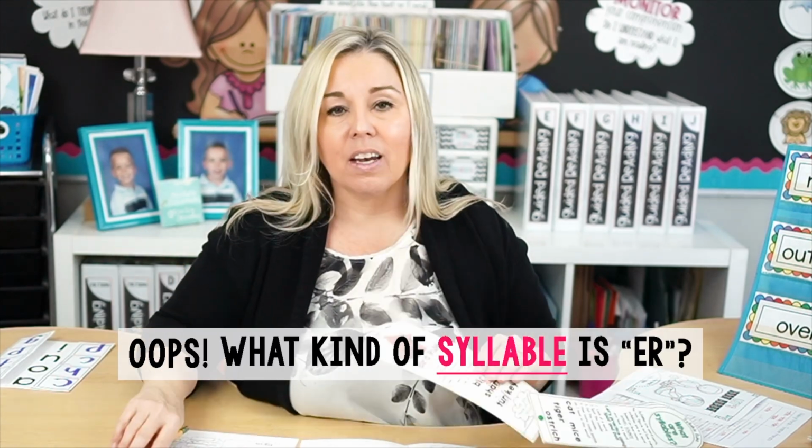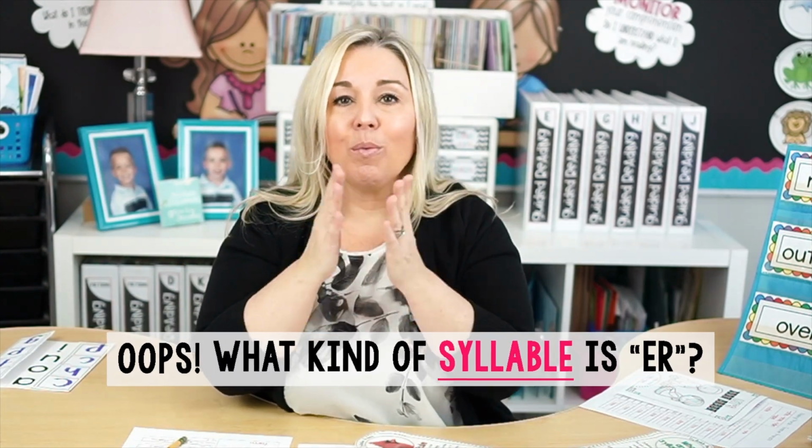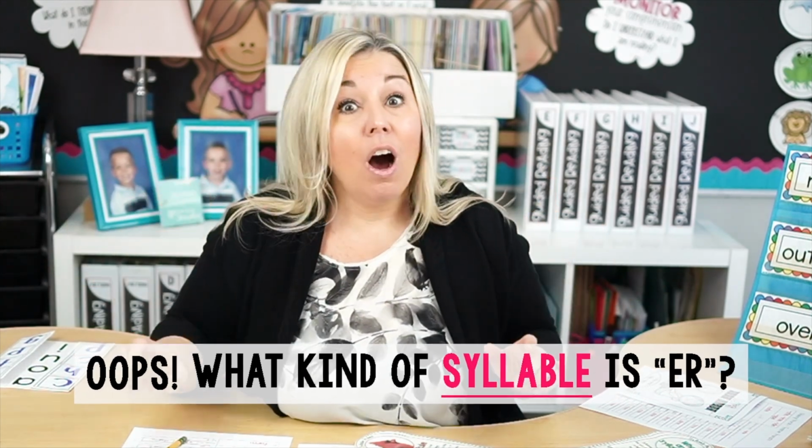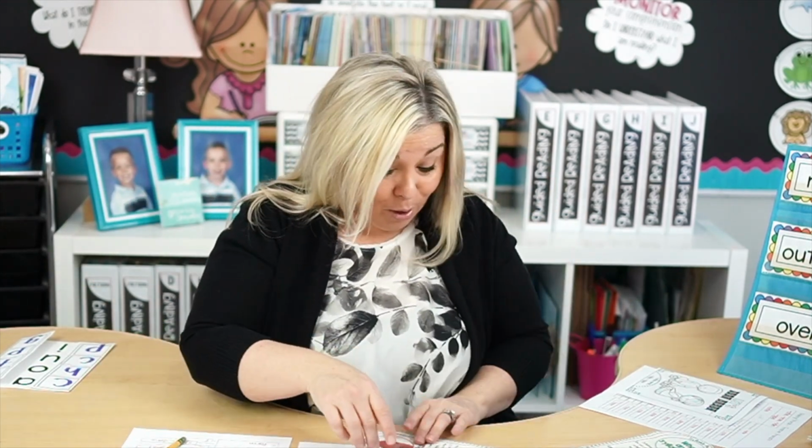Now, if they add ER to the word mark, what kind of consonant? Mark, what kind of consonant is it? What is that ending part? Oh, that's the bird rule. That's an R-controlled vowel, right? So that ER is another R-controlled vowel syllable, right?